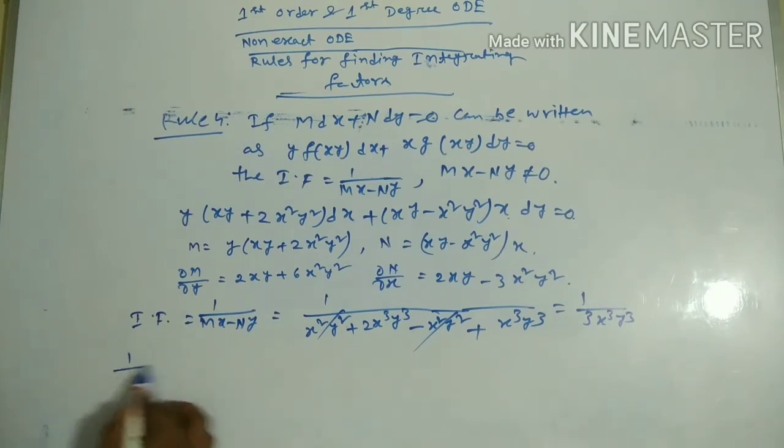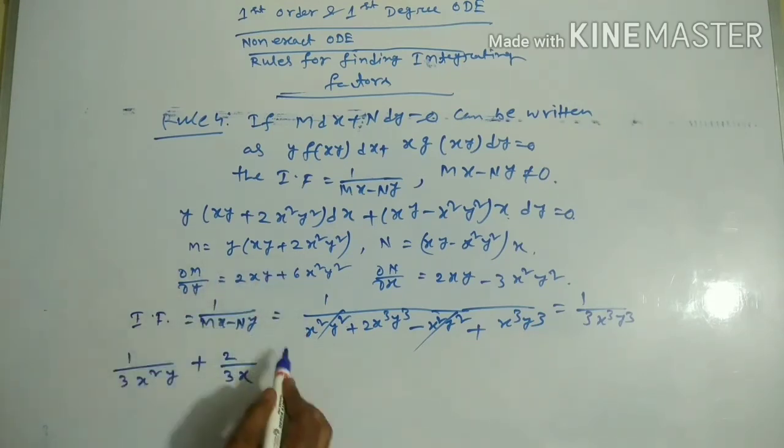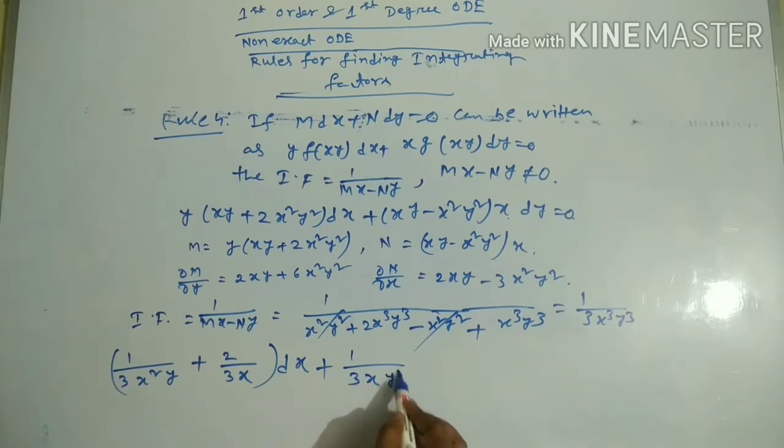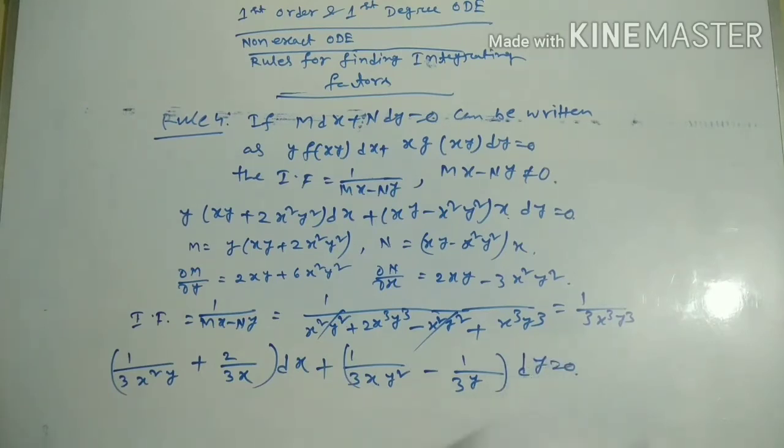This will be 1 by 3x square y plus 2 by 3x y cube dx, plus 1 by 3x y square minus 1 by 3y dy equal to 0.